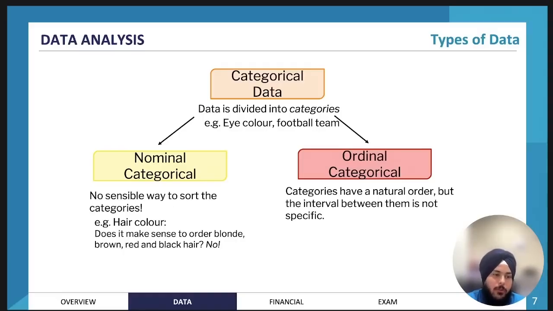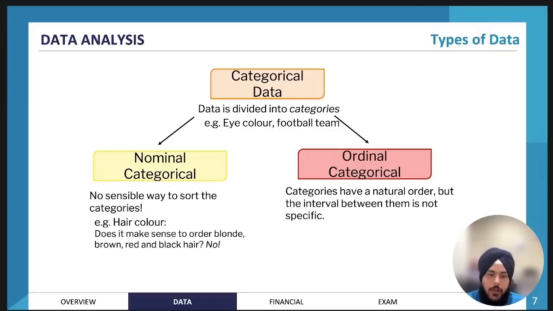Nominal categorical data represents basic categories that usually have no associated order. For example, hair color. We can have blonde, black, brown, but these colors don't really have an associated order. If someone has blonde hair, it doesn't mean their hair color is above a different hair color. It's just basic categories which have no associated order.